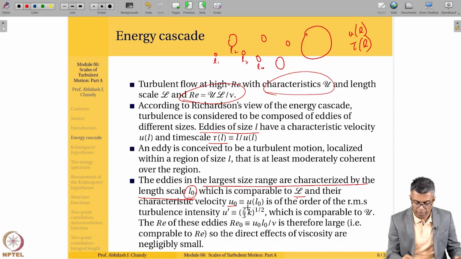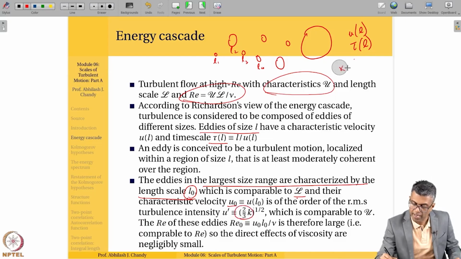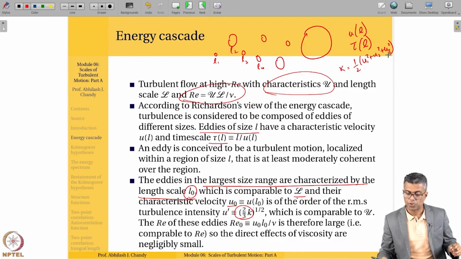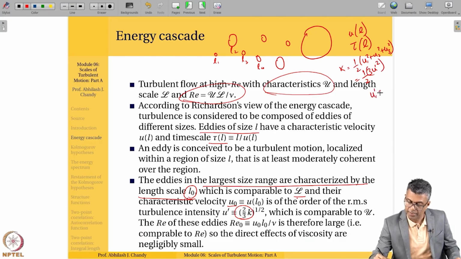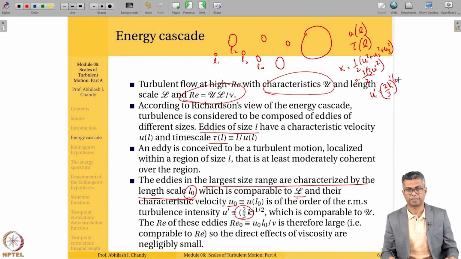So technically it would be 2/3 k, because k is half times u1 squared plus u2 squared plus u3 squared, the kinetic energy. So let's assume you have 3u prime squared, isn't it? So u prime is (2/3 k) to the half.